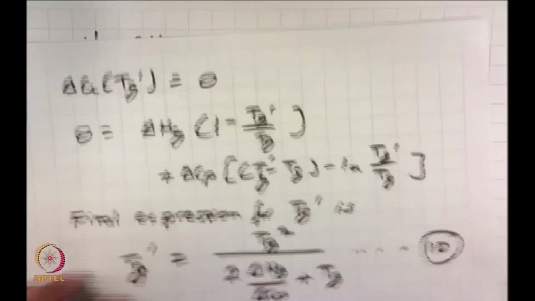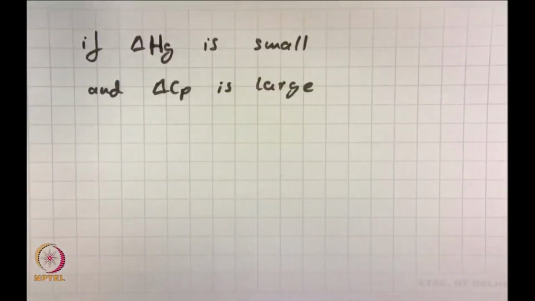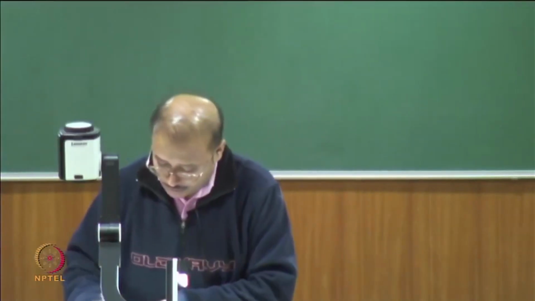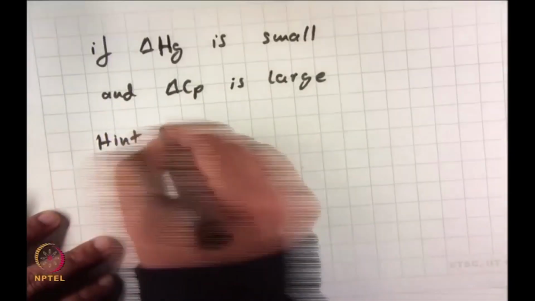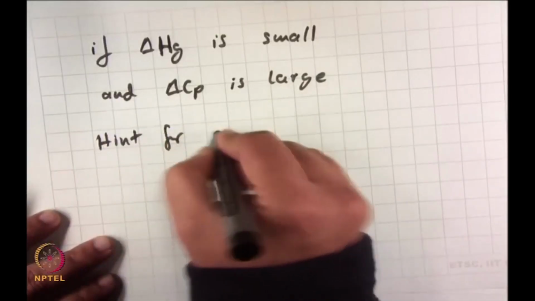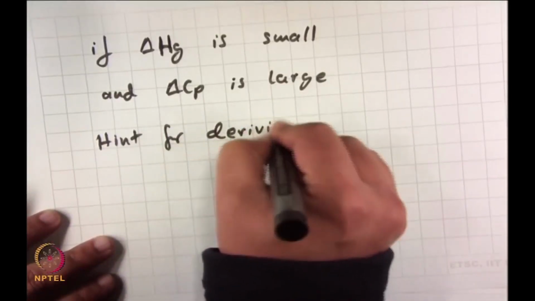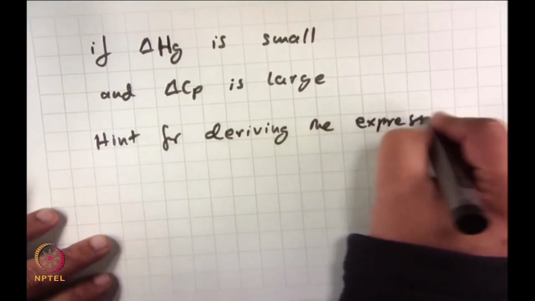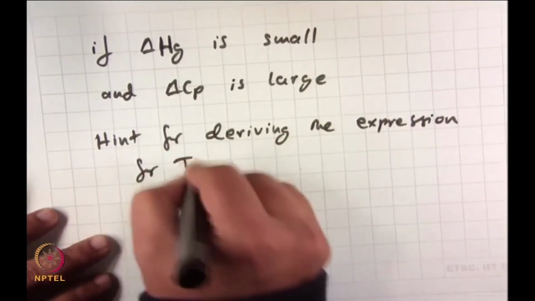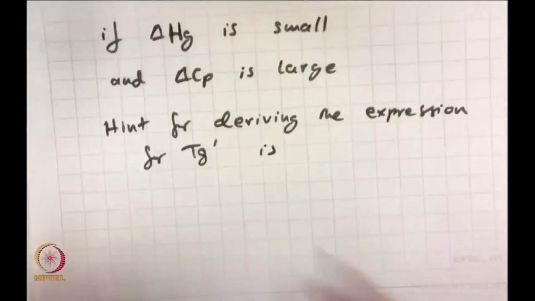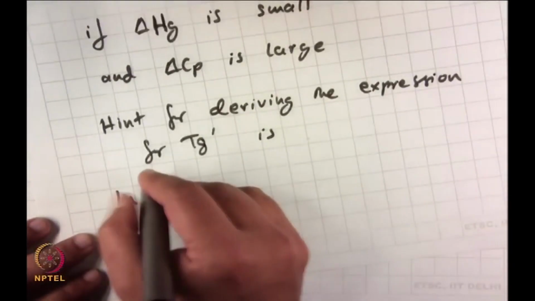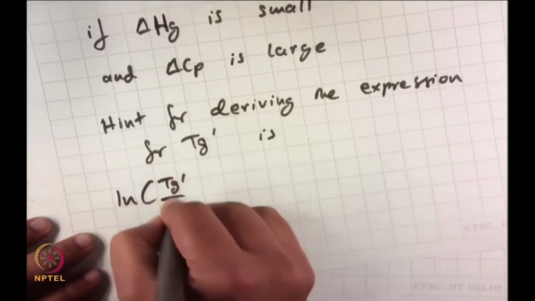It is essentially all thermodynamics for you. Anyway, the hint which I was trying to give you is this. So, this would be a homework problem. Hint for deriving the expression for Tg prime: you use an expression of natural log of Tg prime by Tg.